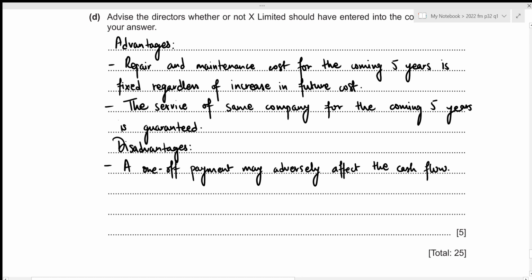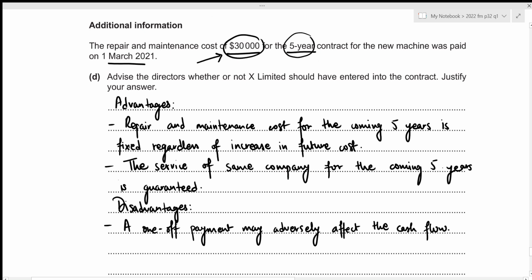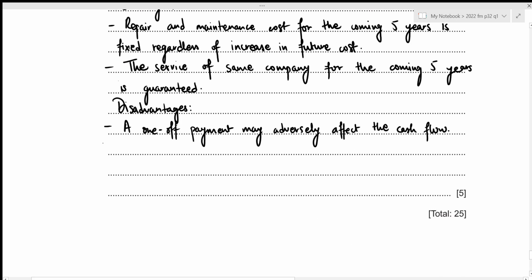And next is that this is not a flexible form because if we do not like the service provided by this company, then we cannot change it for the remaining 4 years, right? Maybe there are some other companies providing better or cheaper service, but there is no option for us to go to those service providers. So we can term it as not flexible. Let's write it down.